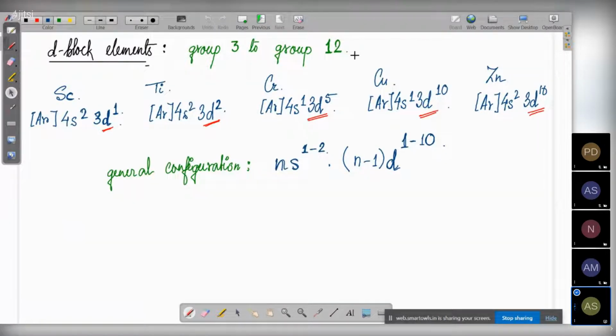Do you remember the definition of transition element?